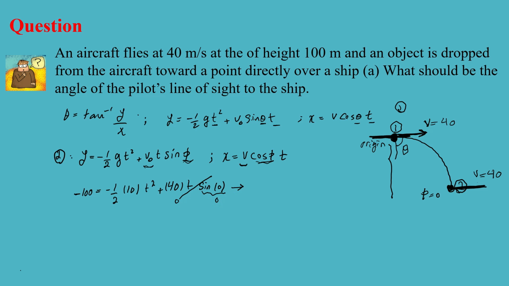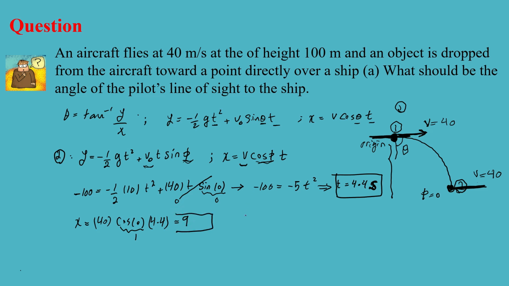And then I have minus 100 equals minus 5 t squared, and my t is equal to 4.4 seconds. That's the second symbol for time. And then my x is going to be 40 times cosine 0 times 4.4. Cosine 0 is 1, so my answer is 9.